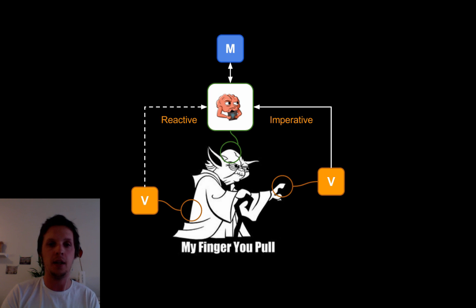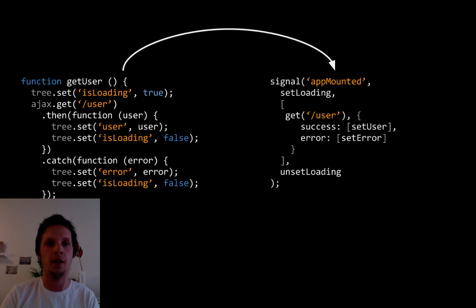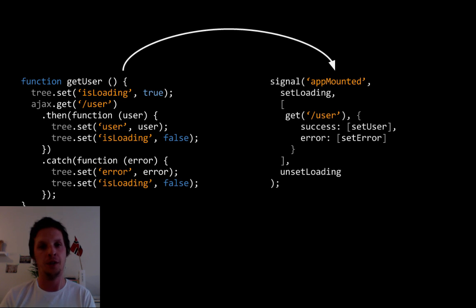So let's take a look at this function again. At the left side, we have this traditional action creator-like function. And on the right side, we have what you would define with Cerebral. So instead of just defining this single function, you define a signal.